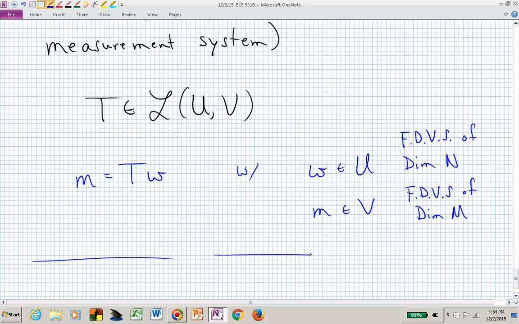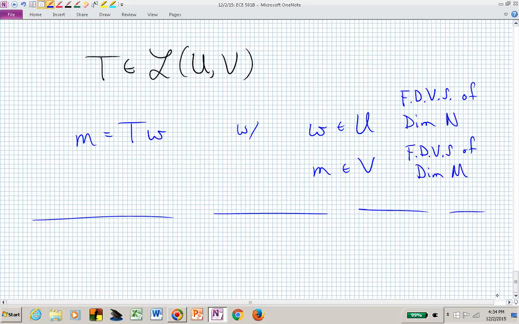And the idea here is maybe we can measure M, but we would like to figure out what W is by measuring M. Maybe we're not measuring W directly. Maybe all we can do is measure what's coming out of M. And we want to, from the measurements M, figure out what W is. That's our idea.